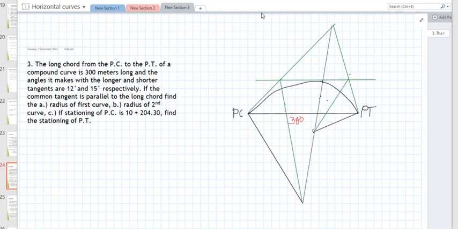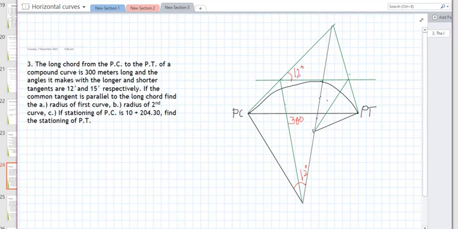Okay, so we have here the diagram. It's just hard to draw, no? Then the longer and shorter tangents are 12 degrees. So this is 12 degrees. This is 15 degrees. So if it is 12 degrees here, it is still the same here at their point of intersection, that is 12.